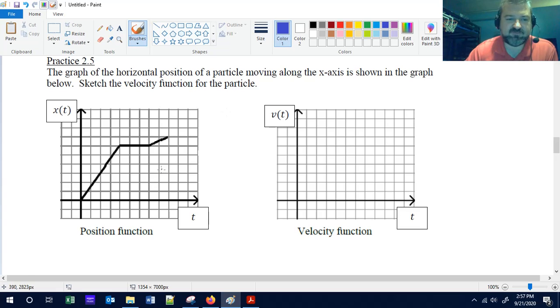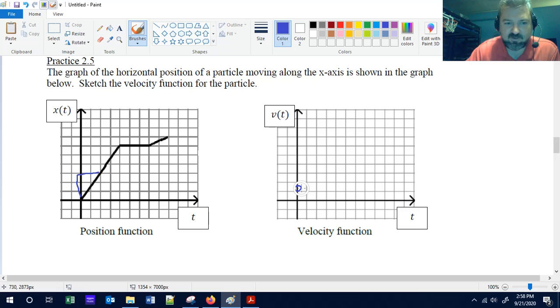So the velocity is the derivative of position. Well, this part of the graph has a slope of up 1, 2, 3, it looks like over 2. So I'm going to go up 3 over 2, which is 1 and a half. So from 0 to 1, 2, 3, 4. Now I don't really have a derivative at this value since it's just a starting point, so I'll make that an open circle.